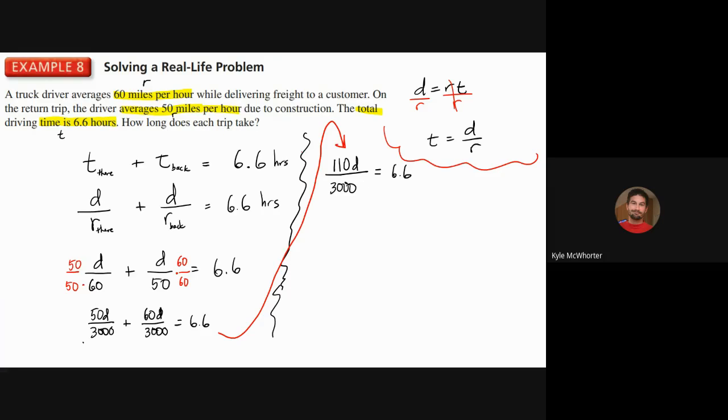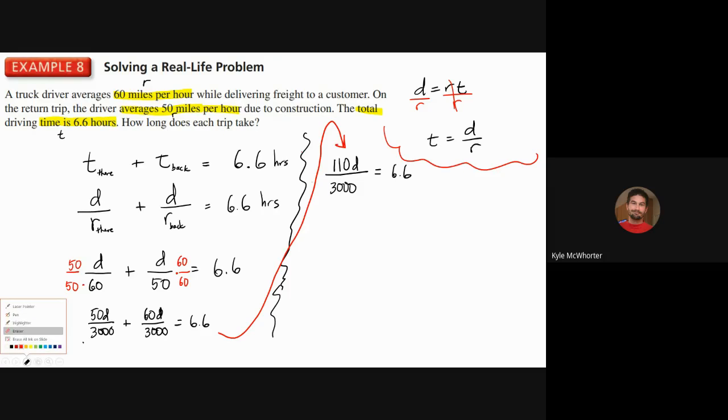And then what we could do is multiply both sides by 3,000 and then divide both sides by 110. Or you could do it in one step by multiplying both sides by 3,000 over 110. But that doesn't really make it any faster, so I'm just going to do one step at a time.